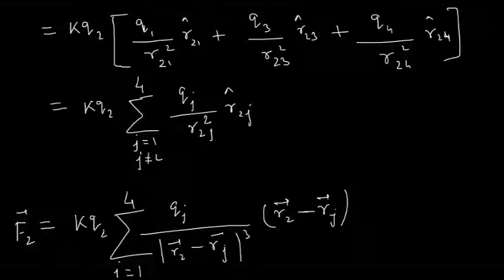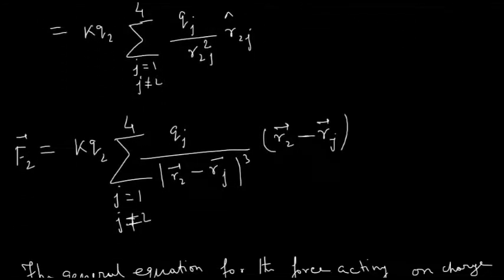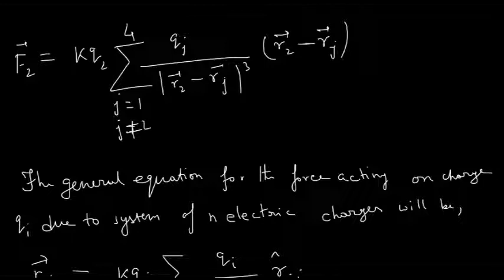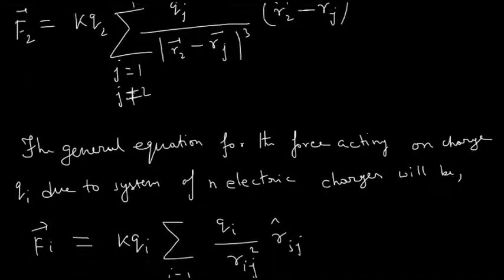Therefore, we can write F2 is equal to K Q2 sigma j equal to 1, j not equal to 2, up to 4, Qj upon modulus of r2 minus rj whole cube, times r2 minus rj.